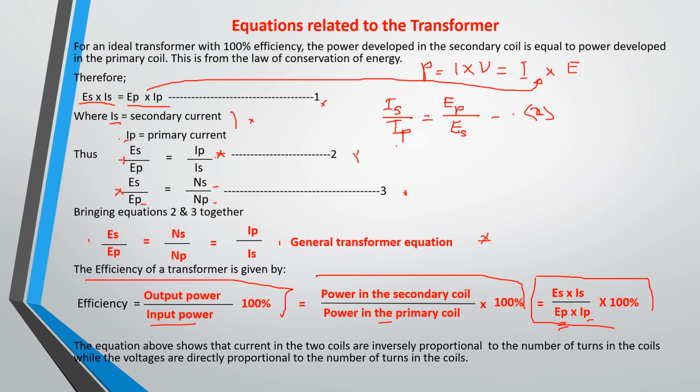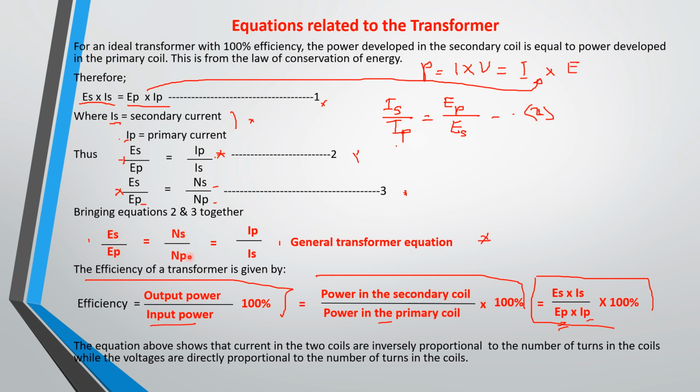From these equations above, we can see that the current in the two coils are inversely proportional to the number of turns in each of the coils, while the voltage is directly proportional to the number of turns.